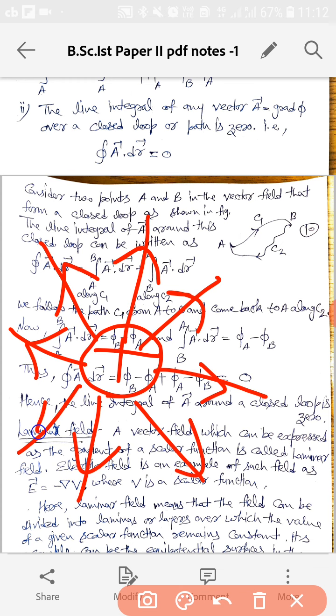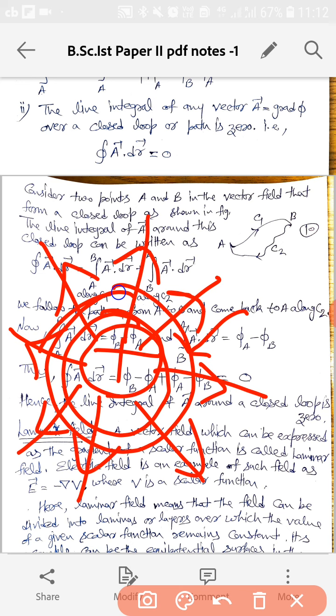And if you want to plot the equipotential surface for this field, it will be a circular path. At this circle, which is known as an equipotential surface, the potential function will be constant at every point on the circle. So we can actually draw many circles around this.